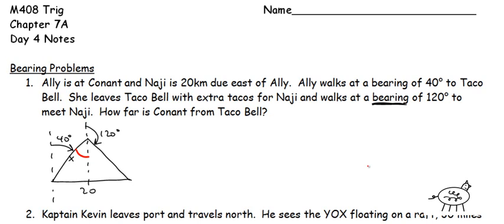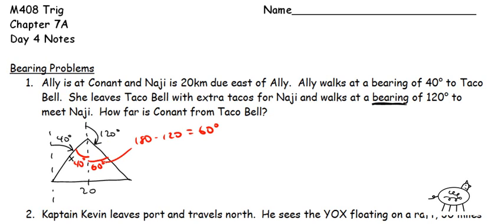The reason is that the dotted lines are parallel, and those are alternate interior angles. So this guy right here is 40 degrees. And this angle right here is just 180 minus 120, which is 60 degrees. It's pretty easy.